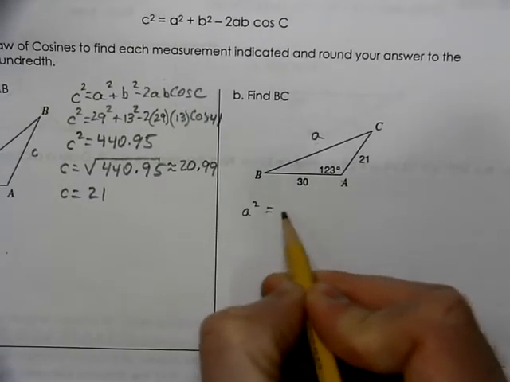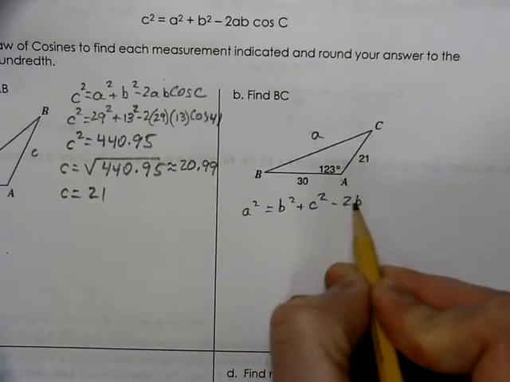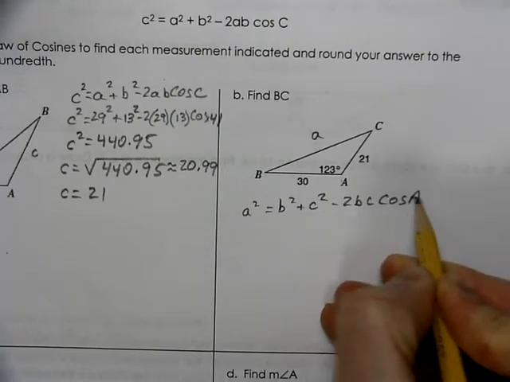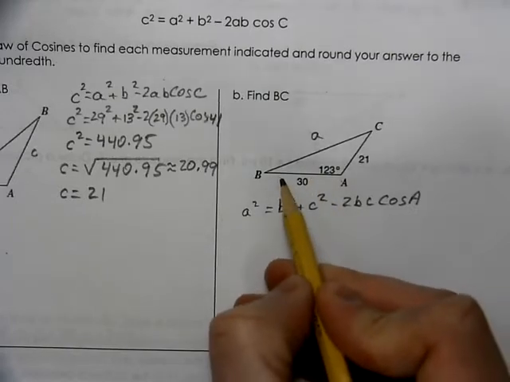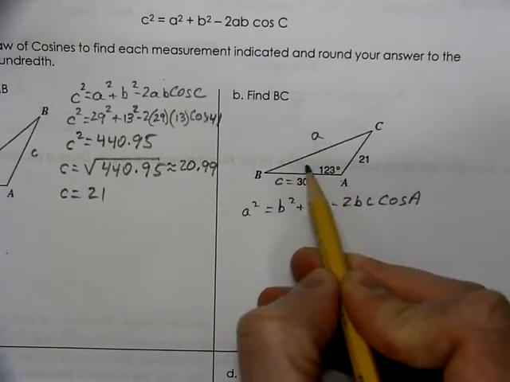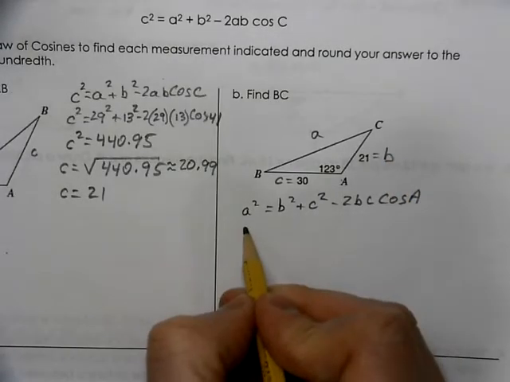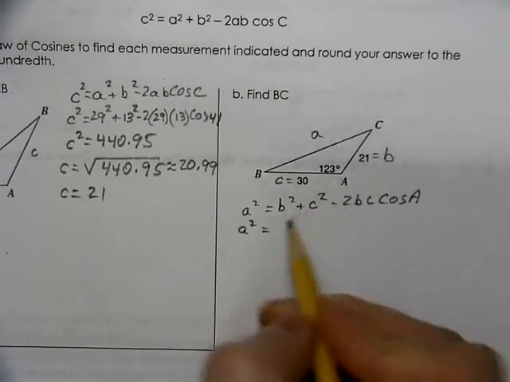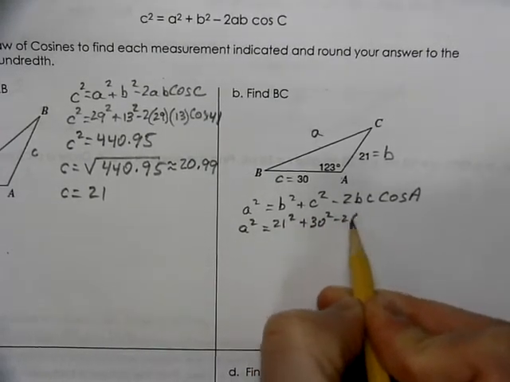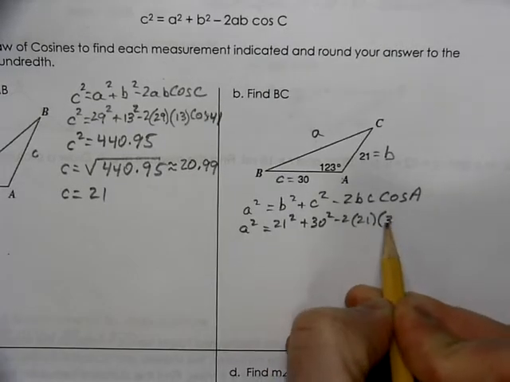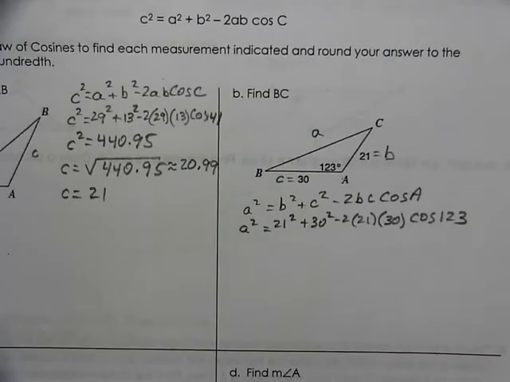So A squared equals B squared plus C squared minus 2BC cosine of A. Side C is across from angle C. Side B is across from angle B. So A squared equals 21 squared plus 30 squared minus 2 times 21 times 30 cosine of your 123.